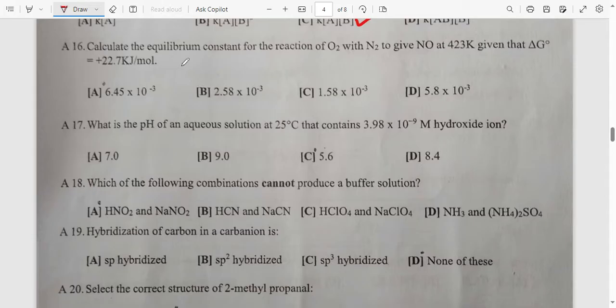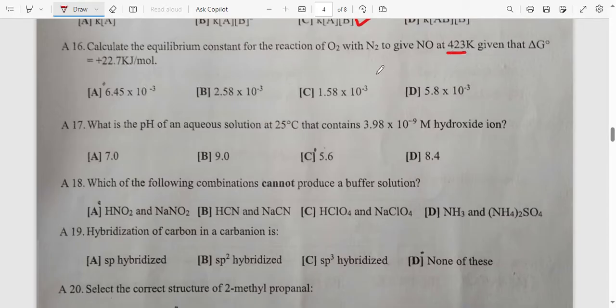Calculate the equilibrium constant for the reaction of oxygen with nitrogen to give nitrogen dioxide at 423 Kelvin, given that delta G is positive 22.7. What do you want? Calculate the equilibrium constant.